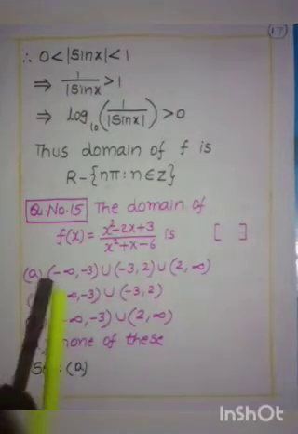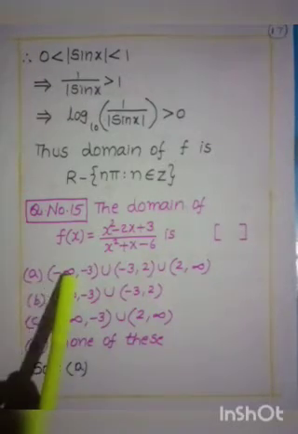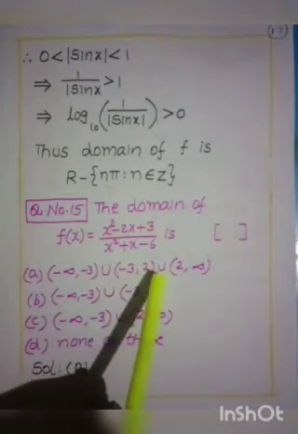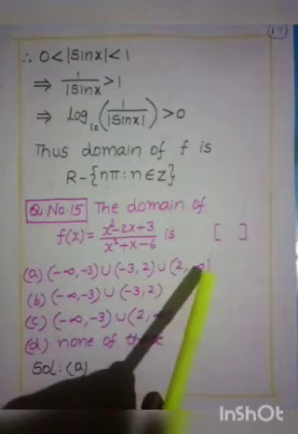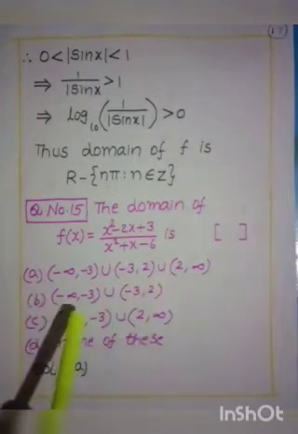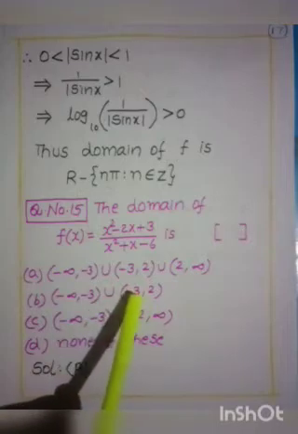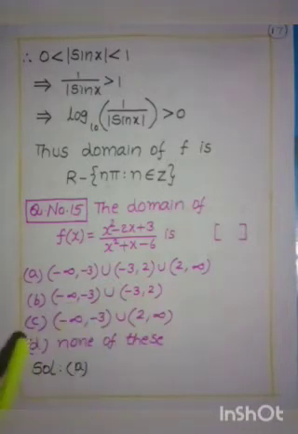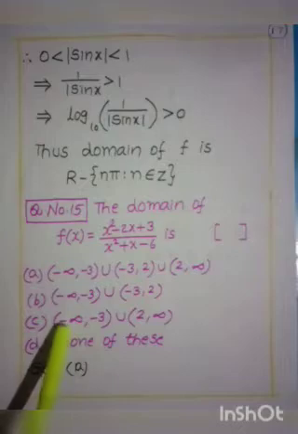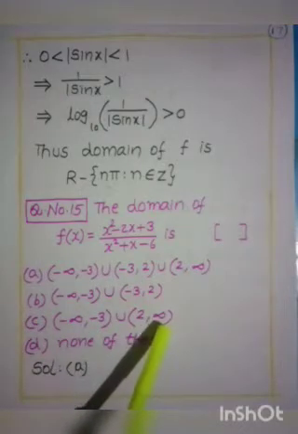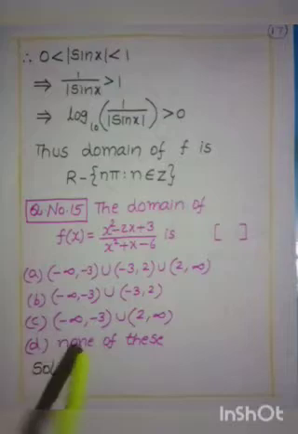Option A, open interval minus infinity comma minus 3 union open interval minus 3 comma 2 union open interval 2 comma infinity. Option B, open interval minus infinity comma minus 3 union open interval minus 3 comma 2. Option C, open interval minus infinity comma minus 3 union open interval 2 comma infinity. Option D, none of these.